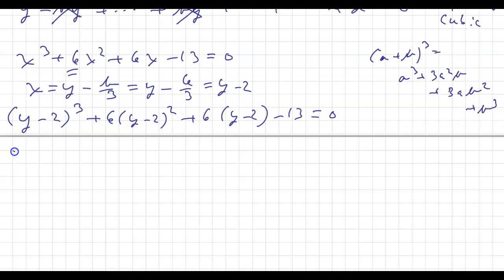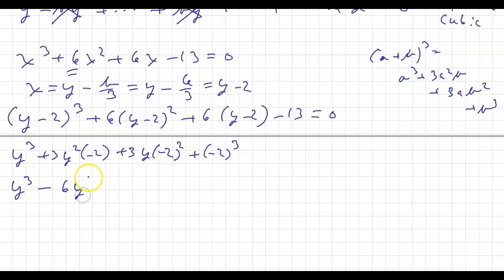So y minus 2 cubed is y cubed plus 3y squared times negative 2 plus 3y times negative 2 squared plus negative 2 cubed. Let me just simplify that while I'm here. That becomes minus 6y squared plus 12y minus 8.